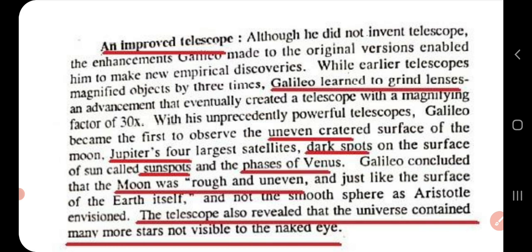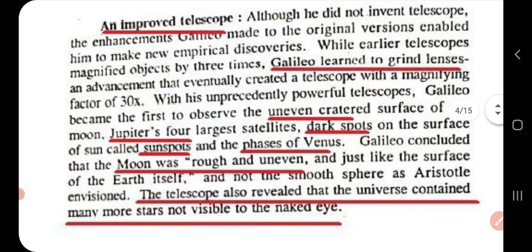He made some powerful telescopes, making relevant modifications to the existing telescopes. Then he observed the uneven craters on the surface of the moon. Then he discovered Jupiter's four largest satellites, and he observed dark spots on the surface of the sun, which he called sunspots. He also discovered the various phases of Venus.